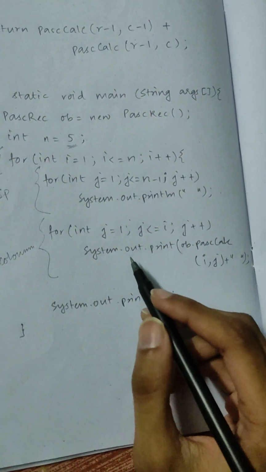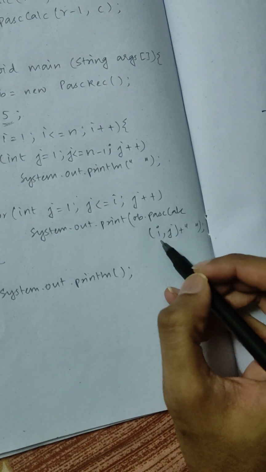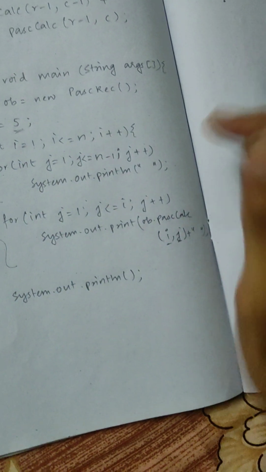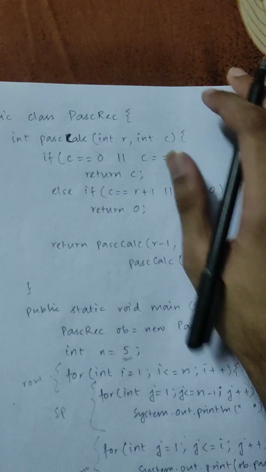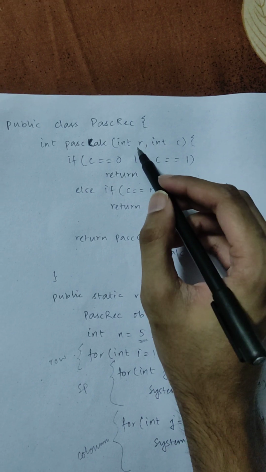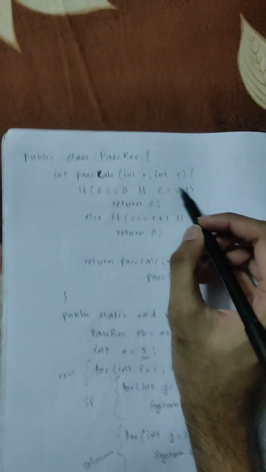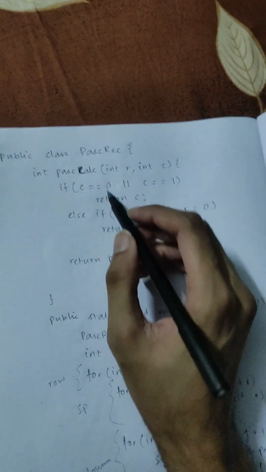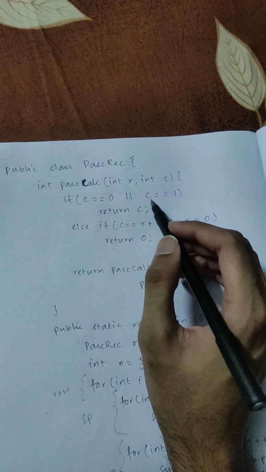So I am doing what? I am basically passing the row and column to the Pascal recursion method. So what is happening? The 1 and 1 goes to this R and C, and then it checks that C is equals to 0 or C equals to 1 or not.